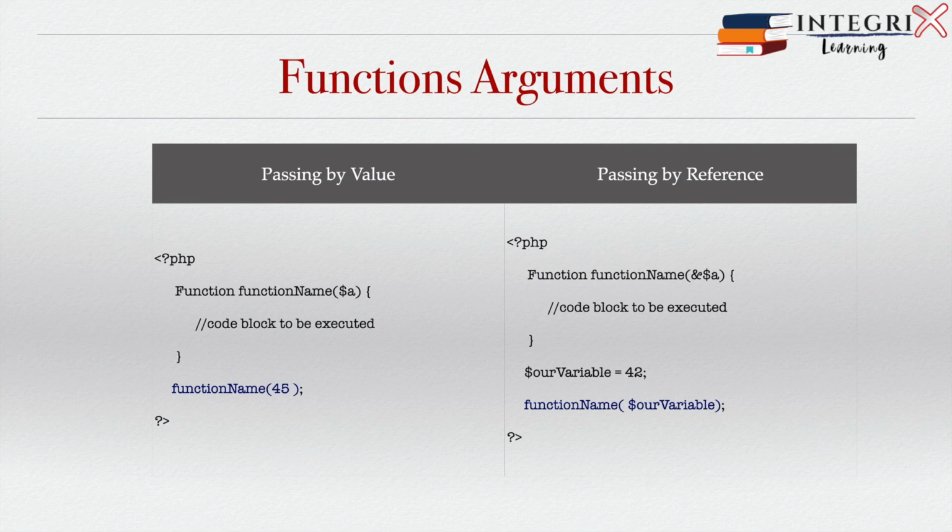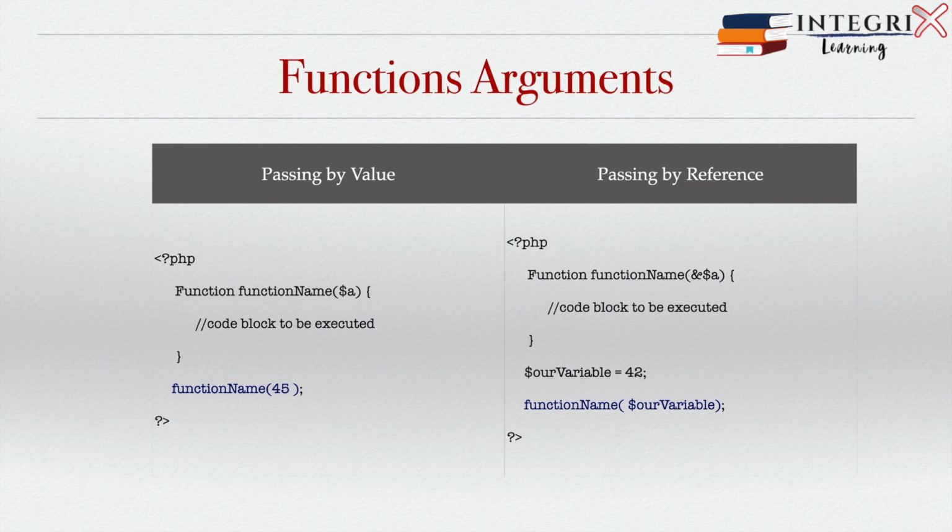However, for now, you can just simply understand that in passing by value, we don't have access to variables which are outside, or any variables which are defined outside the function. We don't have access to those variables inside the function. So the variables which are defined inside a function are local to the function, or they are local variables.